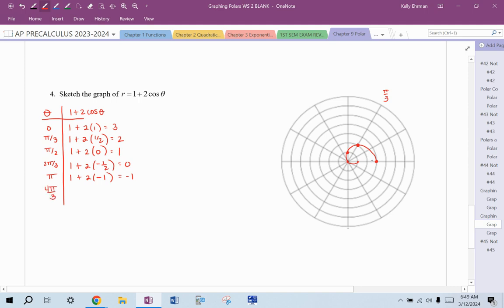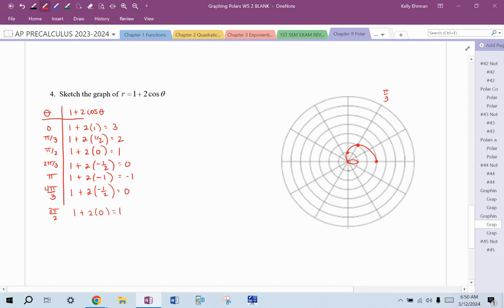Now, maybe at this point you realize what the shape is going to be and you can do symmetry. But if you're not confident in those shapes, just keep going. So 1 plus 2 times the cosine of 4 pi over 3, which is negative 1/2. That's 1 minus 1, which is 0. Back here. And then 3 pi over 2. 1 plus 2 times 0 is 1.